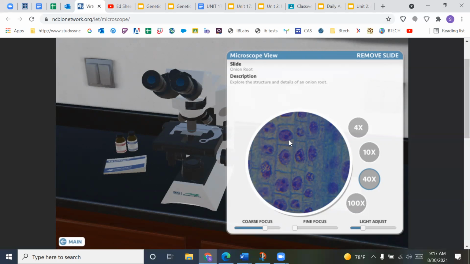I have all the microscopes. I only have 2 here. Who's using this one? You guys haven't even gotten a slide yet.